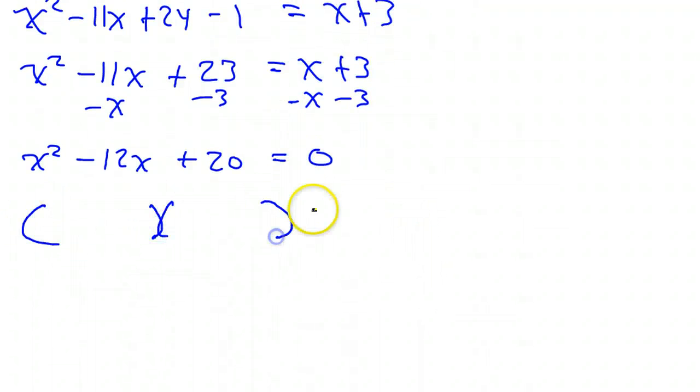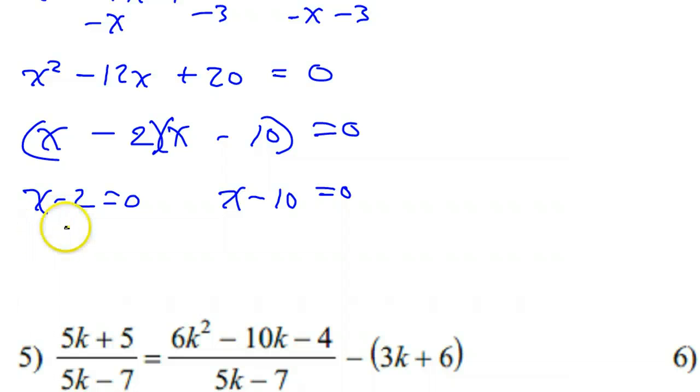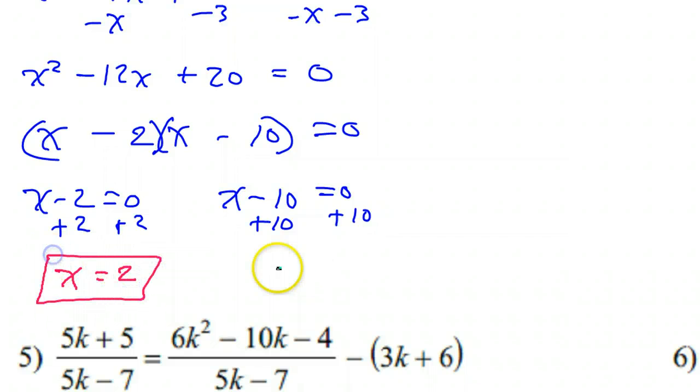Hopefully this will factor down. x and x, 2 times 10, negative negative. So that'll give me x minus 2 equals 0, x minus 10 equals 0. Adding 2 to both sides and adding 10 to both sides is going to give me x equals 2 and x equals 10.